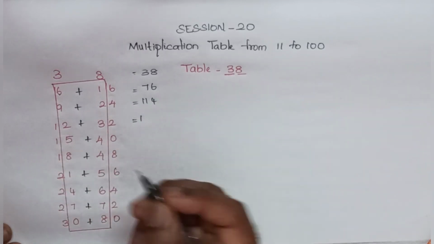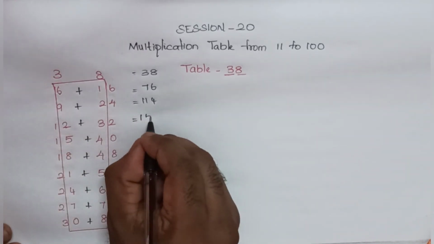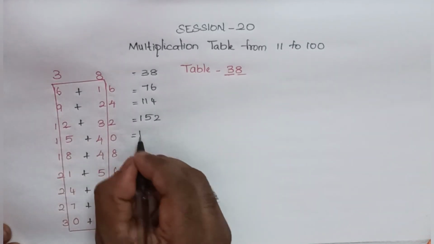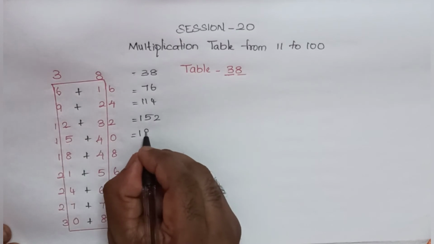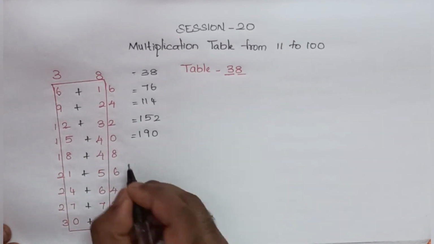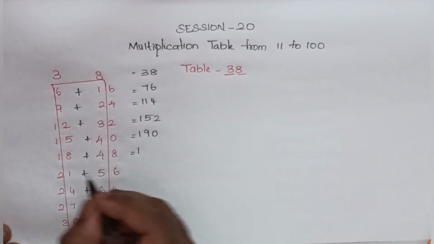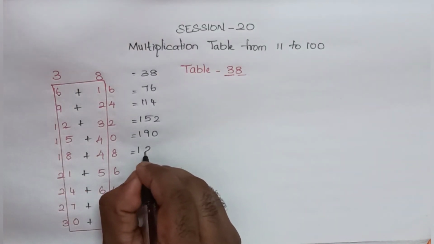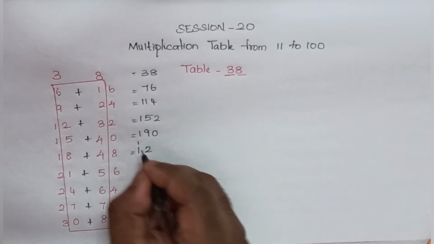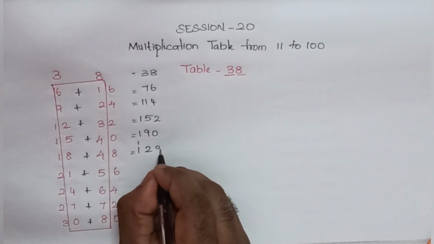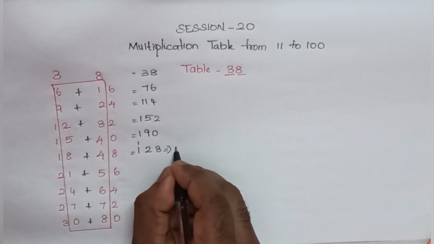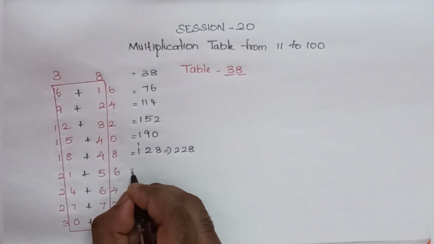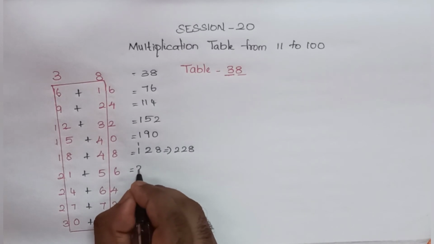We put 1 here. 2 plus 3 is 5, then 2. 1 put here, 1 here. 5 plus 4 is 9, then 0. Put 1. So 8 plus 4 is 12. So 2 put here, 1 as a carry, and 8. So it is 228.